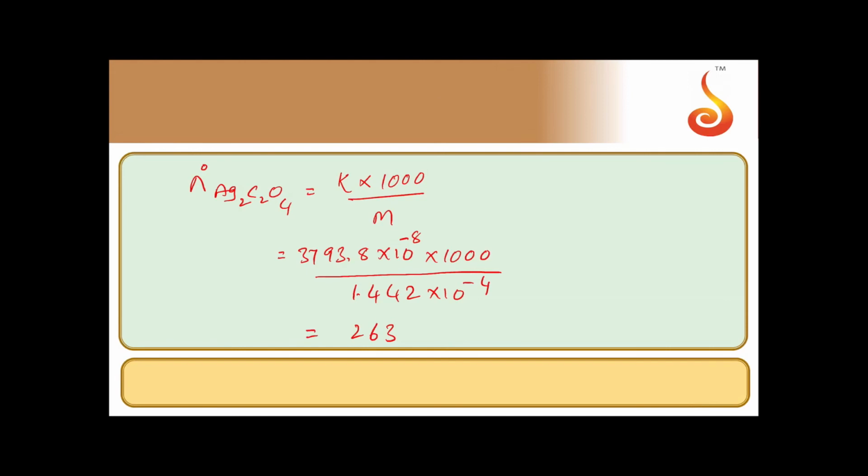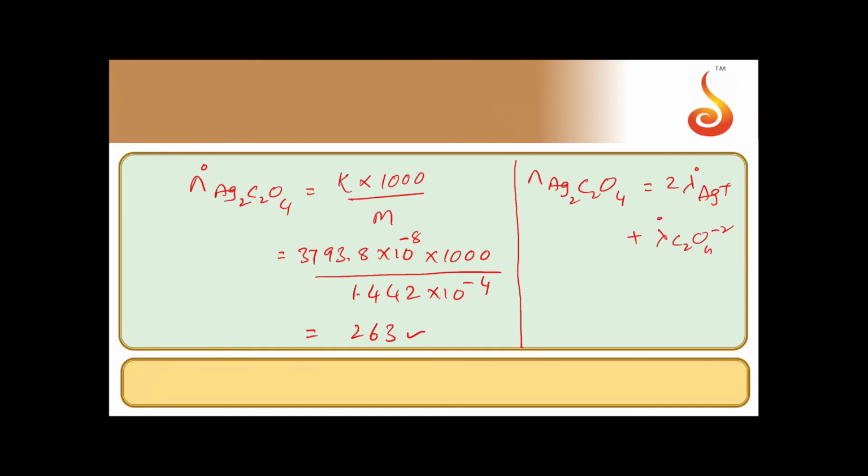From 263 we should find the conductance of the oxalate ion. One more step is required here. The conductance of Ag2C2O4 is equal to twice λ° of Ag+ plus λ° of C2O4 2-.